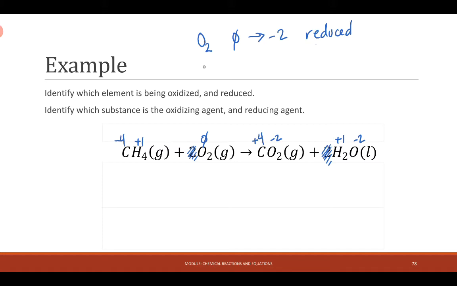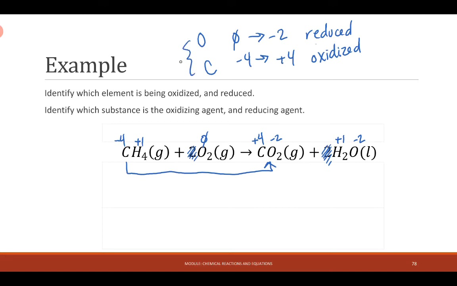And then we have carbon going from -4 to +4, and so carbon is being oxidized. You can identify what's being oxidized and reduced by looking at the oxidation states.